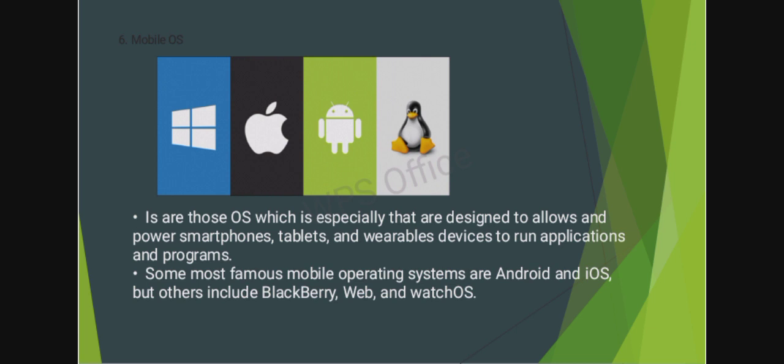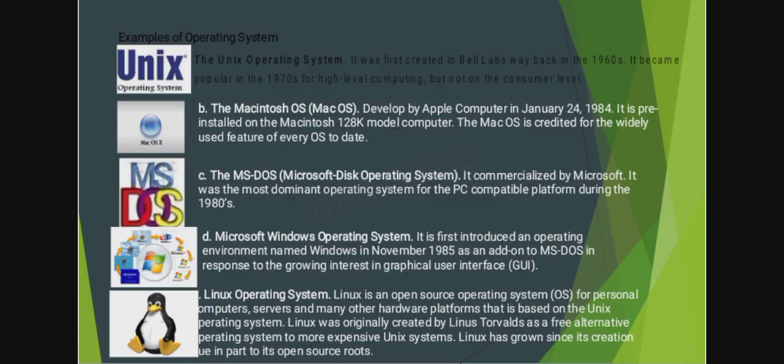Some famous mobile operating systems are Android and iOS, but others include BlackBerry, Web, and Watch. Examples of operating system: the Unix operating system, the Macintosh operating system, the MS-DOS or Microsoft DOS operating system, Microsoft Windows operating system, Linux operating system.